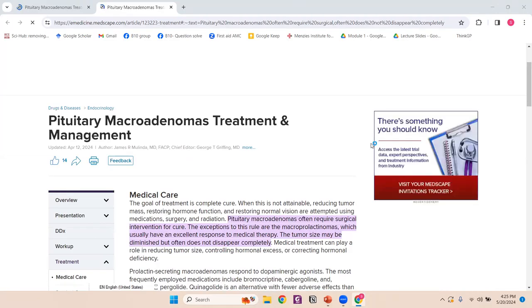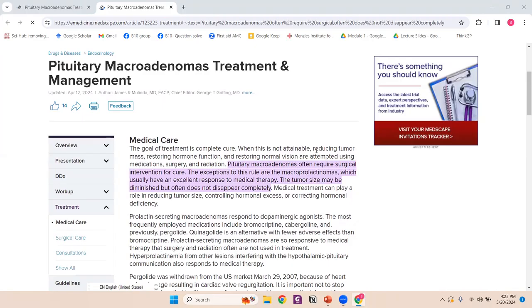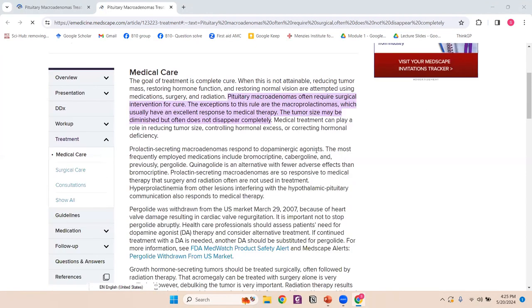So you should know the management of pituitary macroadenoma. Now here the patient is coming with symptoms of prolactinoma, with milky nipple discharge. We discussed in summary that for most pituitary macroadenomas, we go with surgical management except prolactinomas.